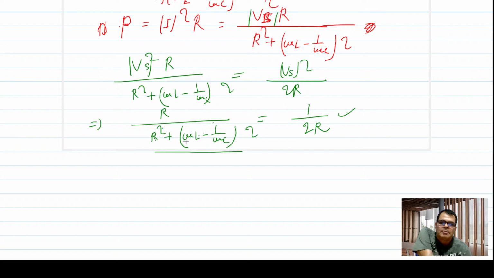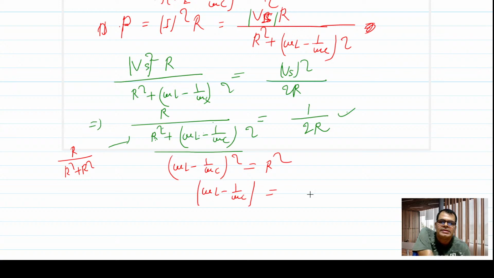But if I see R upon R square plus R square, it is exactly 1 upon 2R. That means my (omega L minus 1 upon omega C) square is equal to R square. What does it mean? That is, the magnitude of omega L minus 1 upon omega C is equal to R.